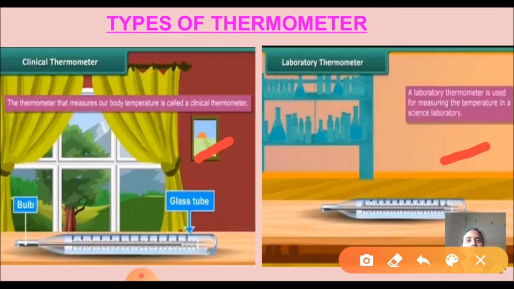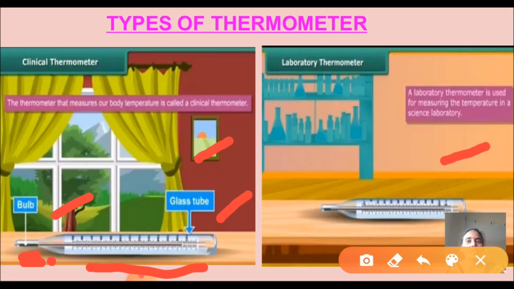It is a long, narrow and uniform glass tube, with a bulb at one end, and a small shining thread of mercury on the other side.